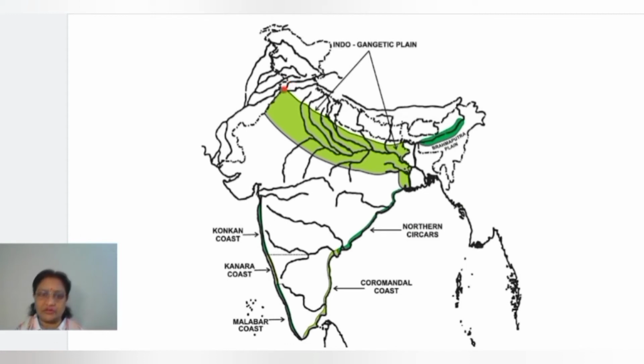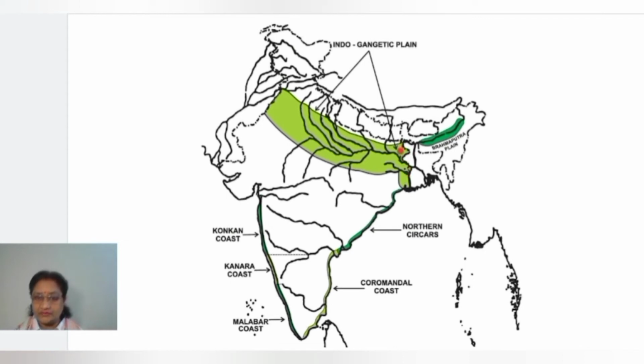From this point you will start, and it goes almost parallel to the borders of India and Nepal. You can see here, this is the boundary of Nepal, and along it you will find the line moving parallel to this boundary. As we go towards the east, it reaches till here, and again it joins the border of Bangladesh.